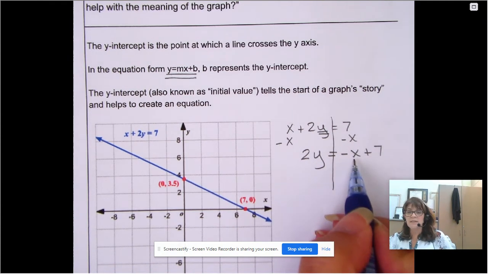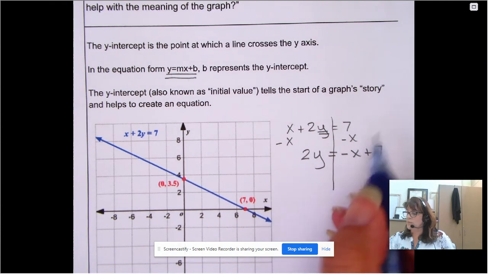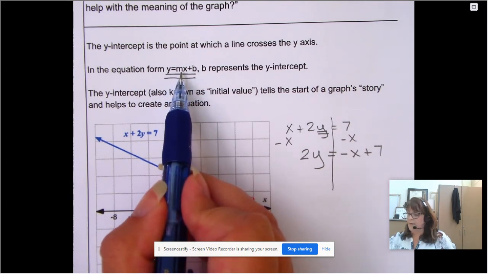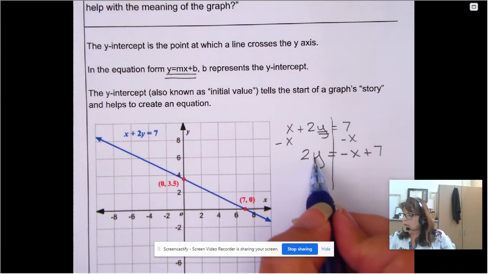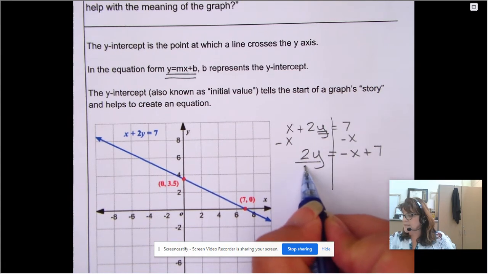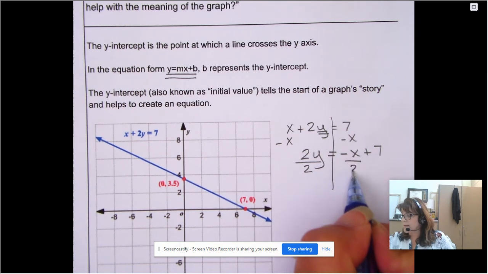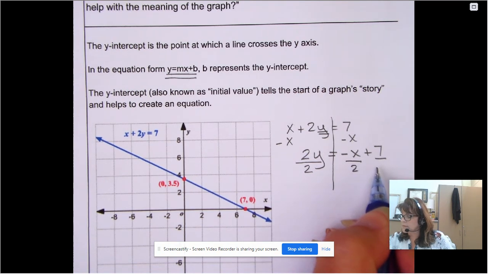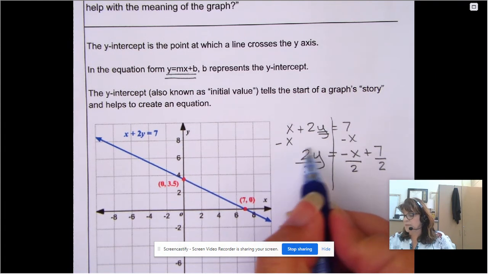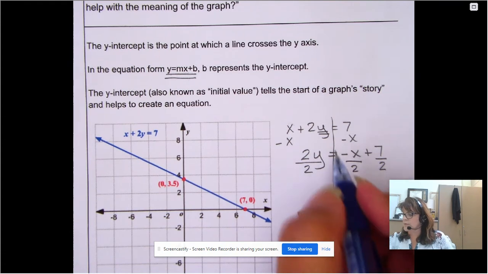I'm purposely keeping the x first, and you'll see why based on this format. Now I have y being multiplied by 2, so I'm sorry, divide everything by 2. It's being multiplied, divide everything by 2.